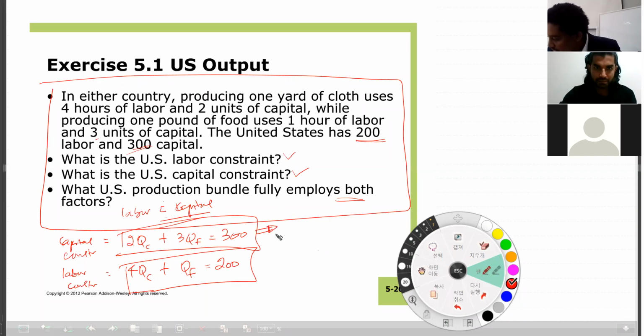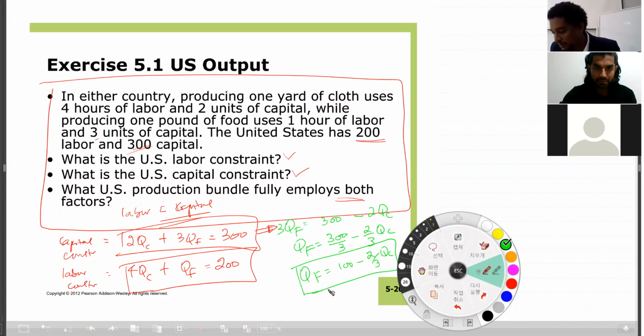Okay, so 3QF is equal to 300 minus 2QC, right? Then QF will be equal to 300 over 3 minus 2 over 3 QC. Then QF will be equal to 100 minus 2/3 QC. So this is one equation we have, right?